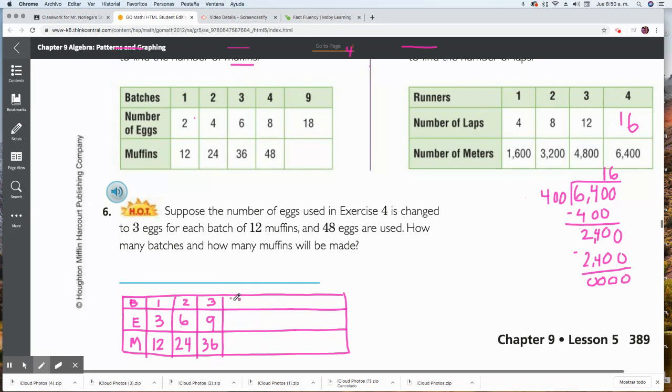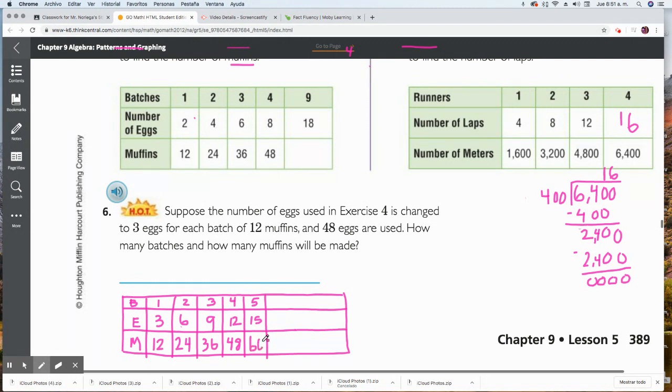And then on the fourth batch, I am going to add 9 plus 3, that equals 12, and then I'm going to multiply it by 4. 12 times 4 is 48. On the fifth batch, I'm going to add 3 again. That gives me 15, and then 15 times 4 equals 60.